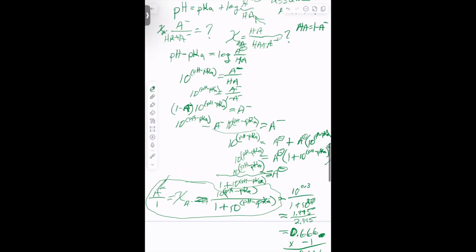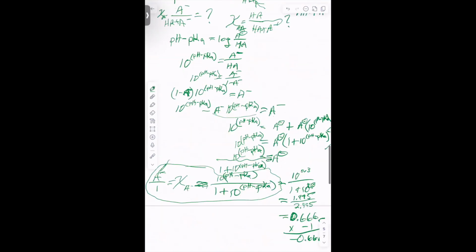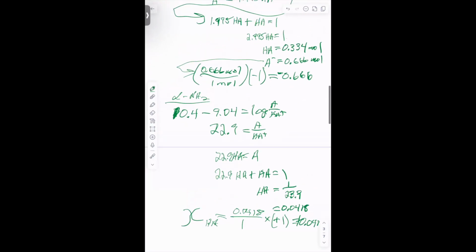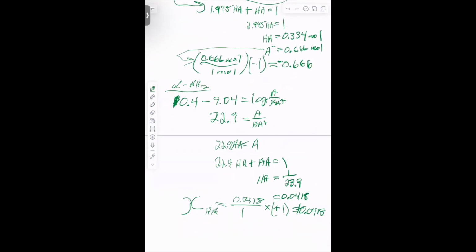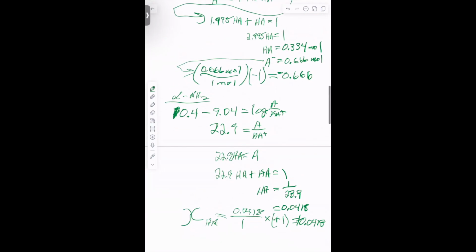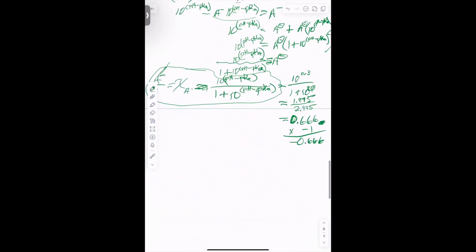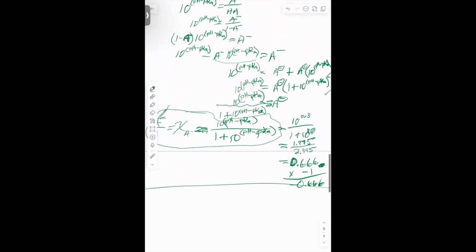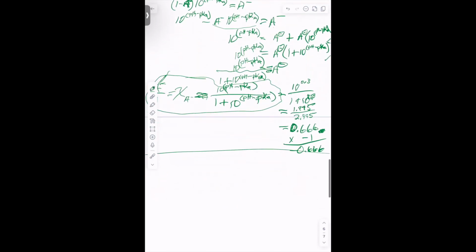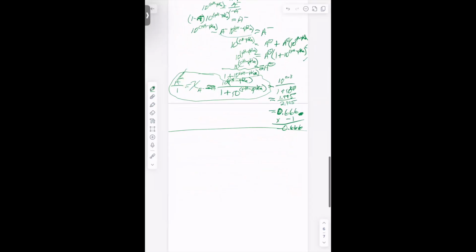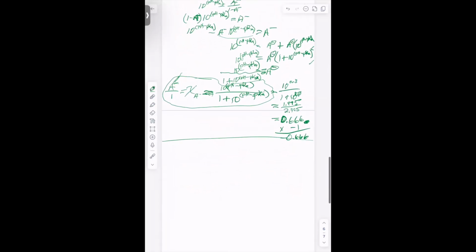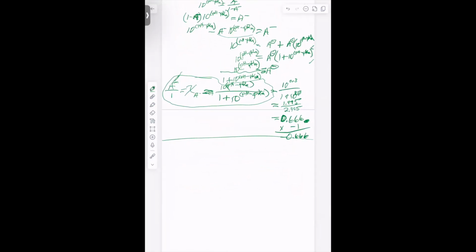Now, how would you do this for HA like we had to do up here? We had to use HA to get 0.041 for the alpha amino group. So let's do the same thing, but this time instead of solving for the mole fraction of A minus, let's see what the shortcut method for the mole fraction of HA is.